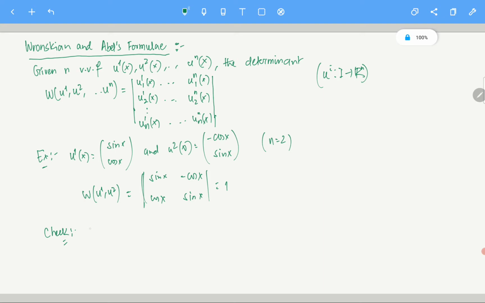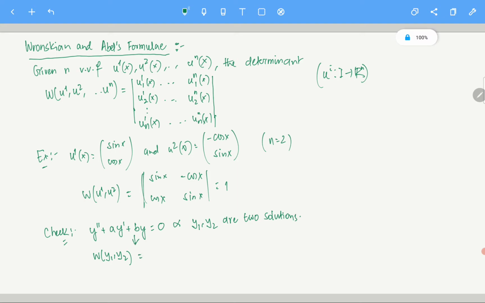Let's say the equation is y double prime plus ay prime plus by equals 0, a homogeneous problem. Now you want to talk about the Wronskian of y1 and y2, where y1 and y2 are two solutions.